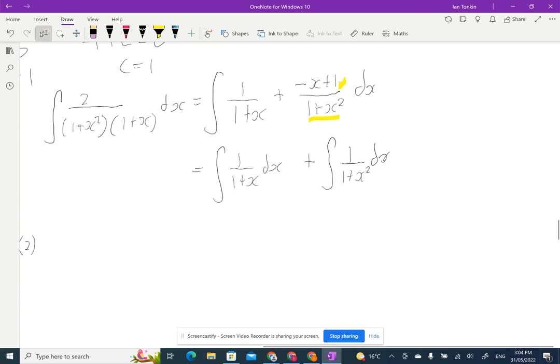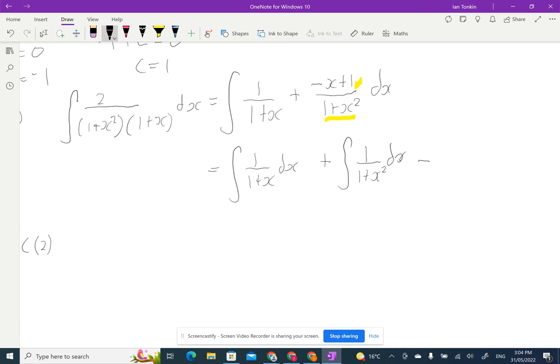And then I'm going to take minus the integral of x on 1 plus x squared dx. Now, I'm going to do this now. That last one, I almost have the derivative on top, so if I put a 2 in there and I take a 2 out the front, I should be right.